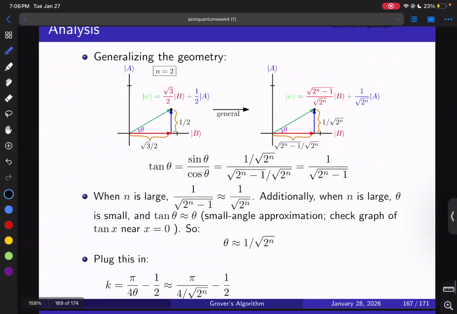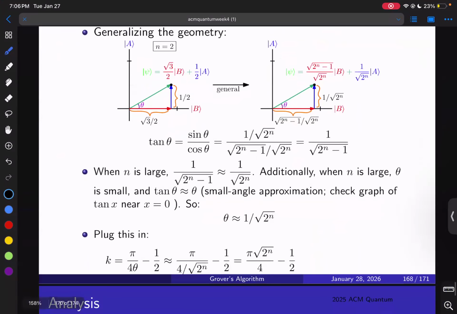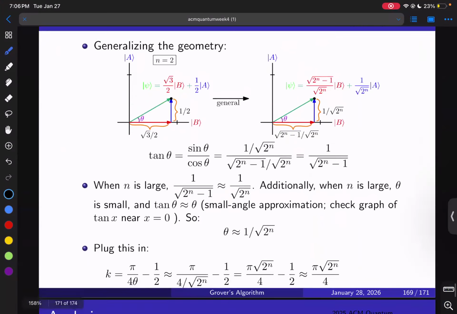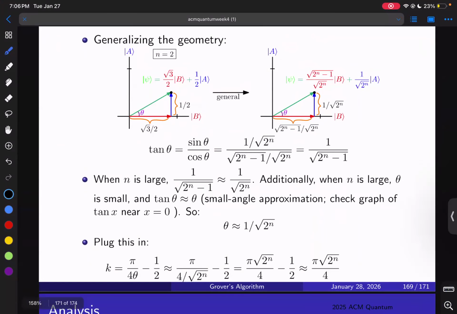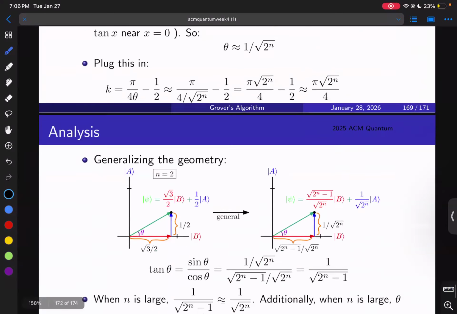Okay. Let's plug that into this. K equals this. We plug in theta, get this, and we simplify it to this right here. Again, n is large, so root 2 to the n dominates, so that -1/2 becomes irrelevant, and we just drop it.